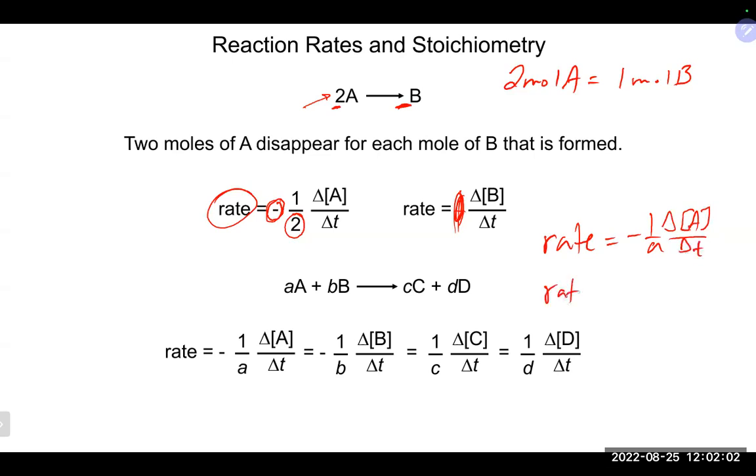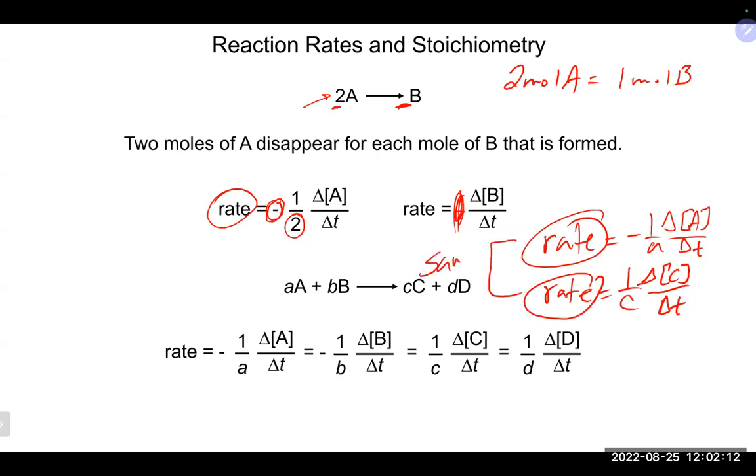The rate is equal to 1 over c, the change in concentration of C over the change in time. This rate value here and this rate value here, they are the same number. So that is why you can set them equal to each other. That's why it's very useful. You can pull out whatever parts of the equation you're interested in and do them separately, and then relate them to each other through that rate value that you see there.